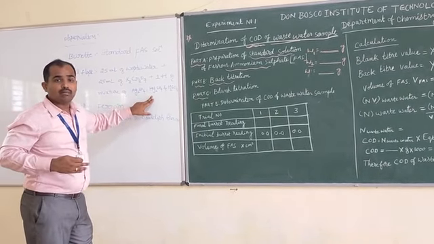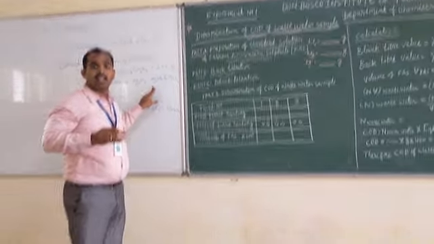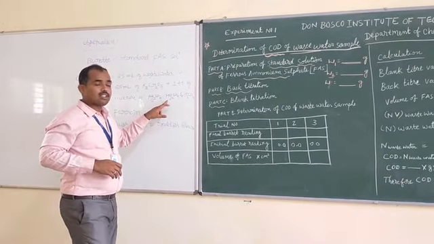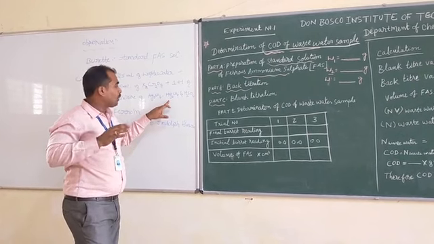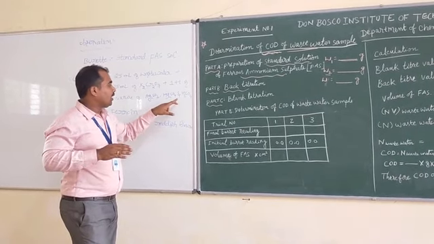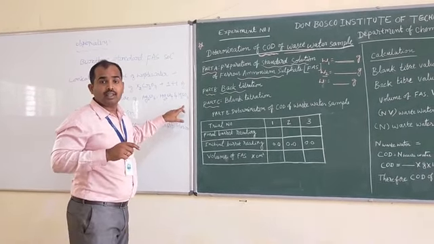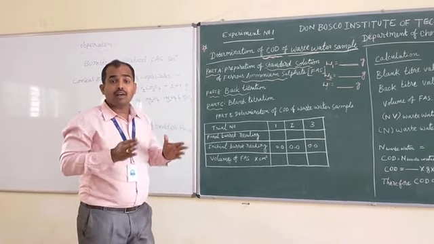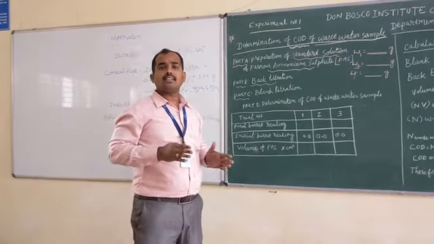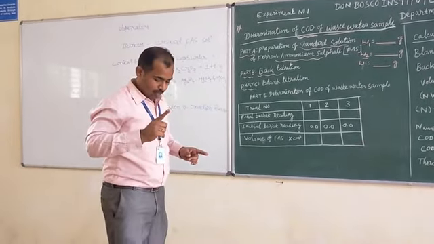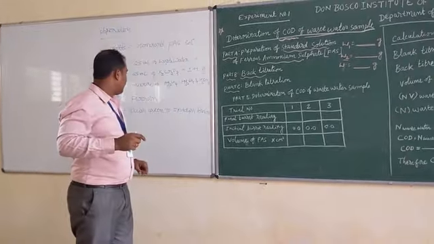Then the mercury sulfate will avoid the interference of chloride ions. And the sulfuric acid will provide the acidic medium for the potassium dichromate, because the potassium dichromate acts as an oxidizing agent only in the presence of an acidic medium.